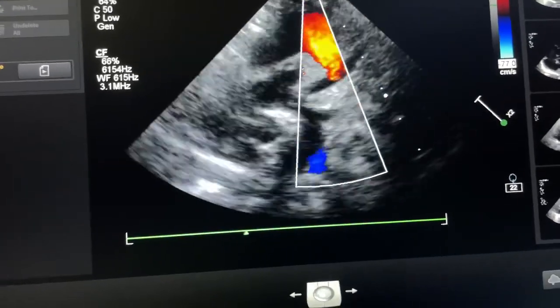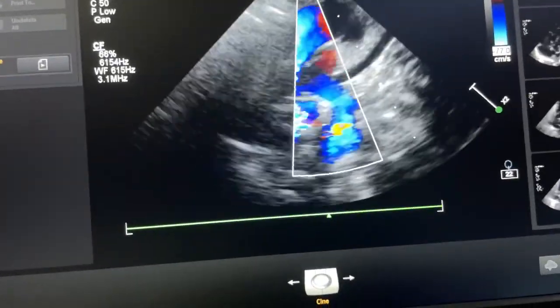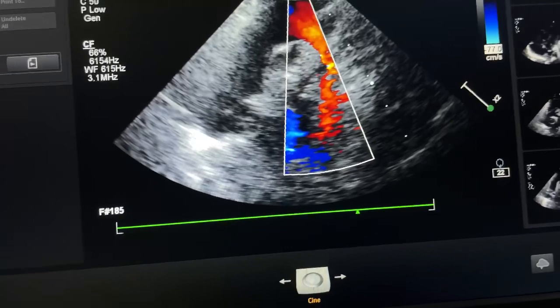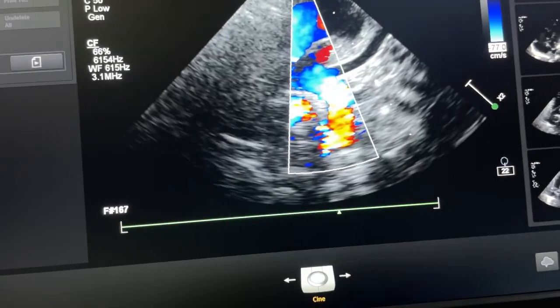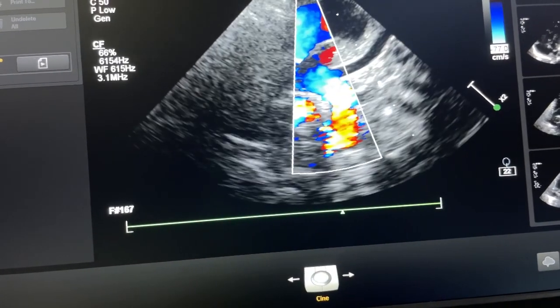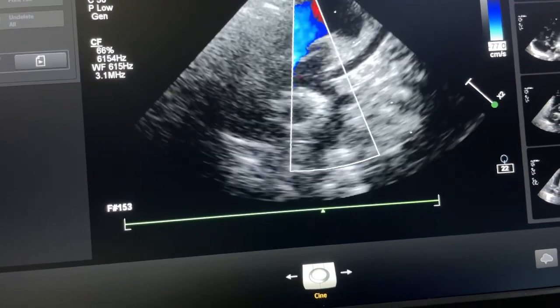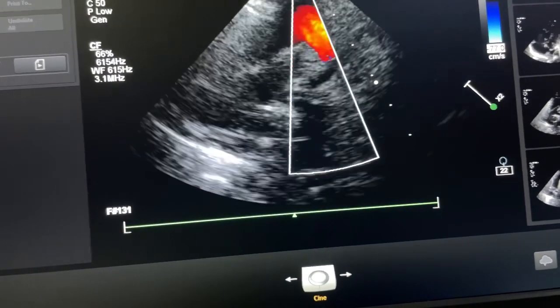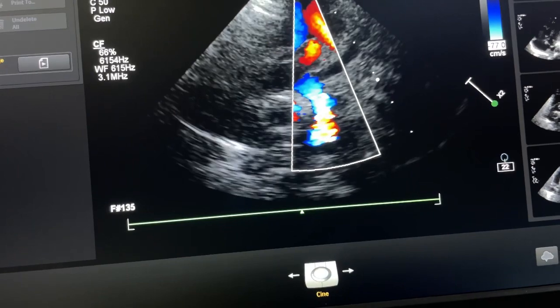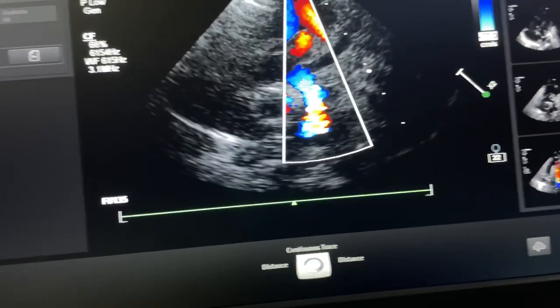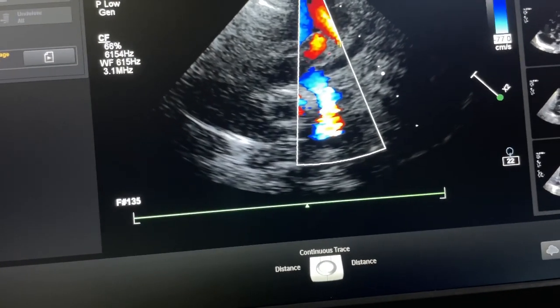Now you can clearly see the color. This is blue color, here red color. This is blue color, descending aortic arch, this is red color.